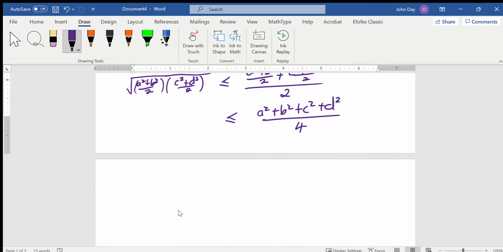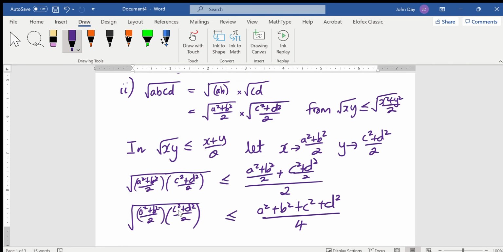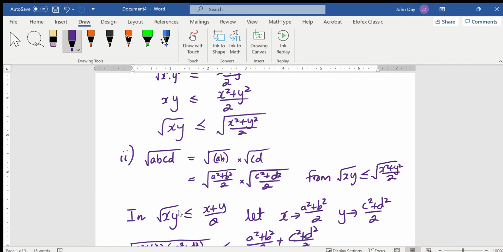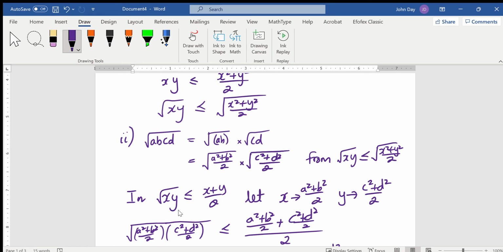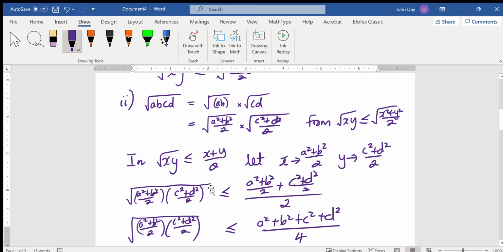But the left-hand side has still got your square root of a squared plus b squared on 2 times c squared plus d squared on 2. So we need to change that back to square root of AB's CD's. And we've shown up here that the square root of ABCD doesn't equal it.